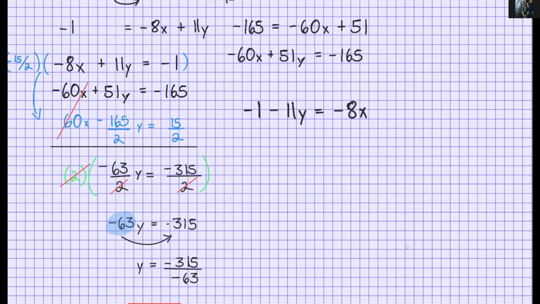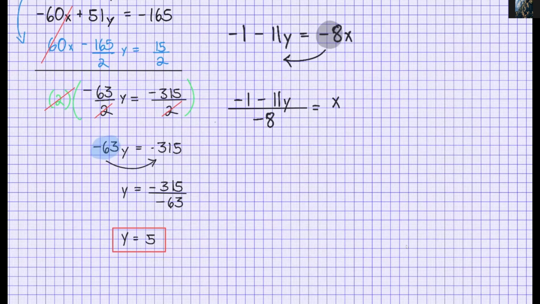This negative 8 is multiplying, so it's going to go to the other side, dividing. So I have negative 1 minus 11y, and everything divided by negative 8 will equal x. So let me just do a little rewriting. There we go.